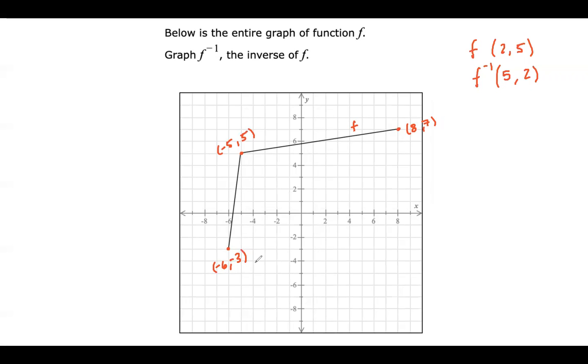So that means that in order to find the inverse function, if the original function has the points 8, 7, -5, 5, and finally -6, -3, the inverse function, let's try to use different colors, the inverse function will have to do the opposite.